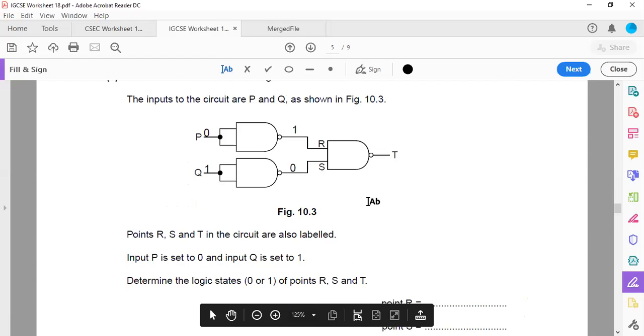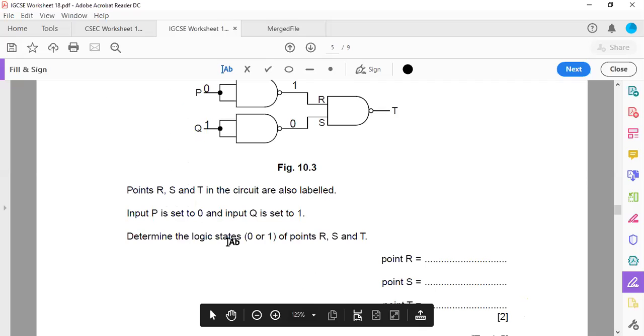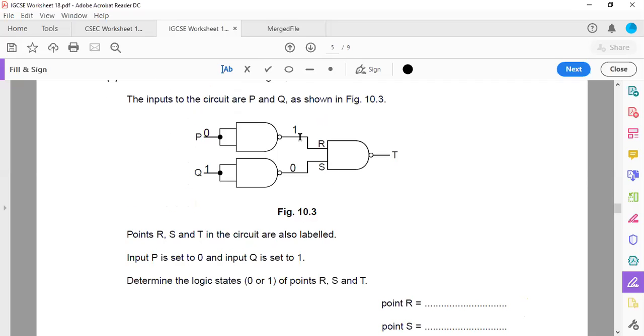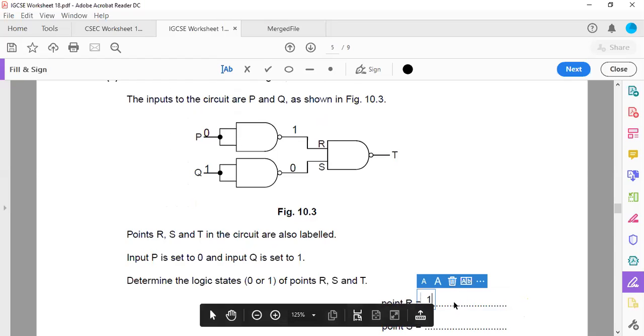You follow me? So now we're going to determine the logic state, 0 or 1, at points R, S, and T. At point R, when two zeros come in, you're going to get an output of 1. When two ones come in at S, you're going to get an output of 0.